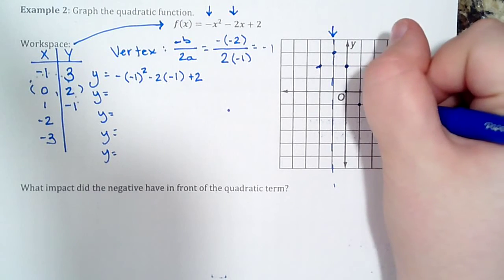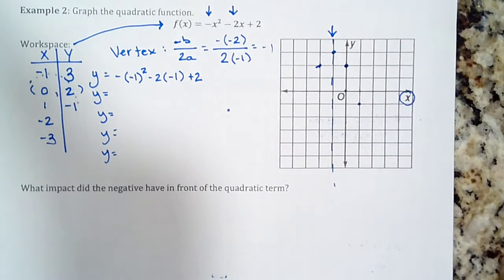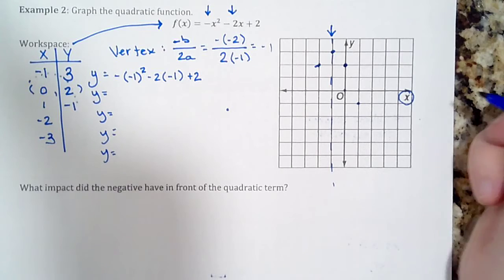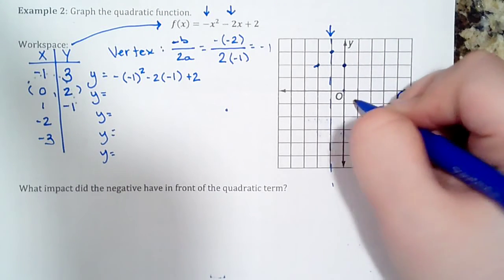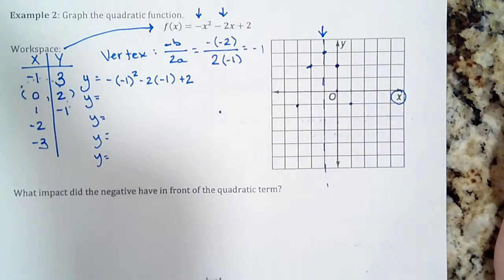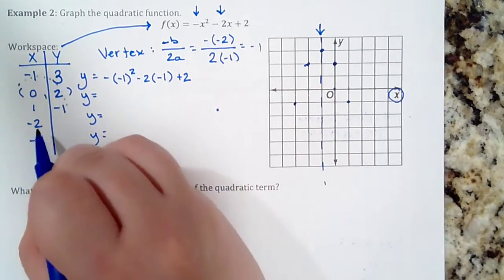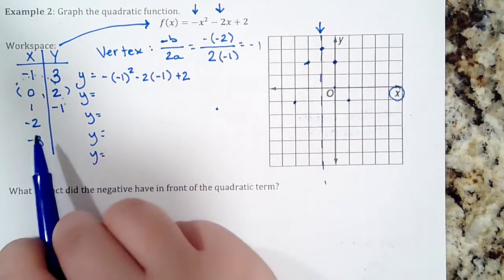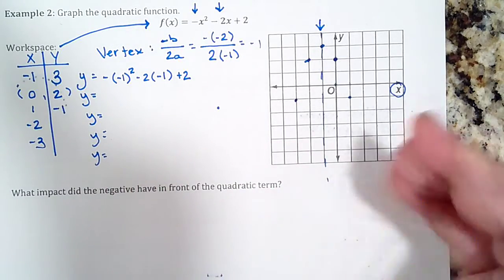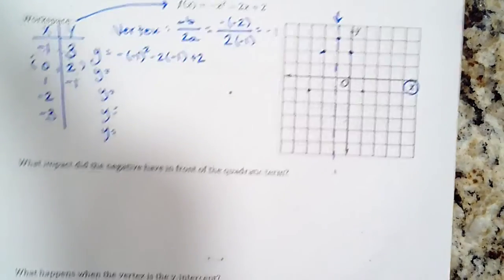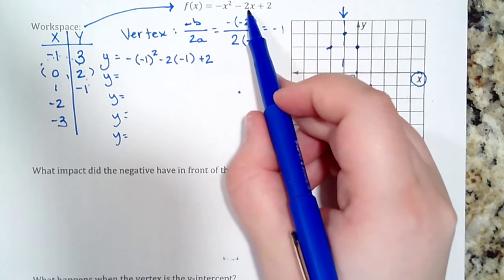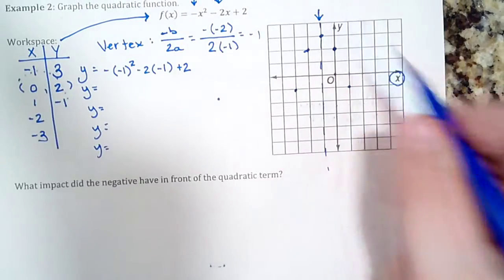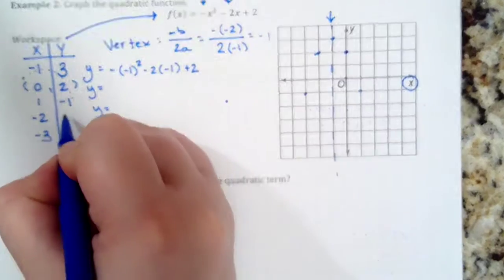And again, I would like you to do this in pencil, because if you're wrong, it's easier to change than in pen. But because I kind of know what I'm doing, I'm doing it in pen. This one's 2 away, so I just go over and mirror it. Now let's see what happens when I plug these back in. Negative 2 squared is 4, times that negative is negative 4. Negative 4 plus positive 4 is 0, plus 2 is 2.